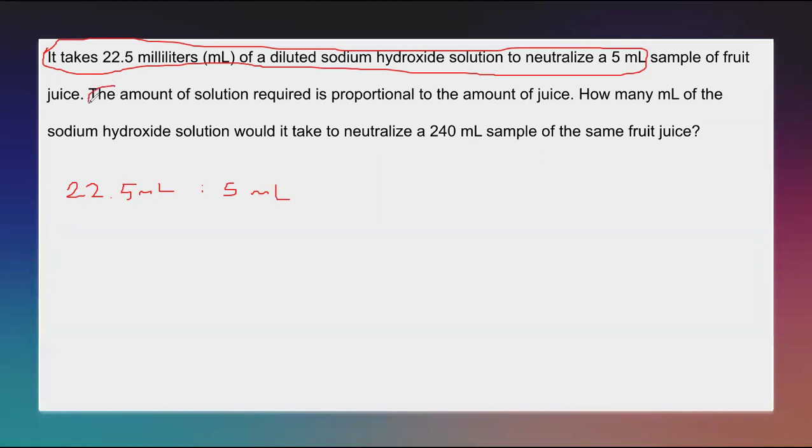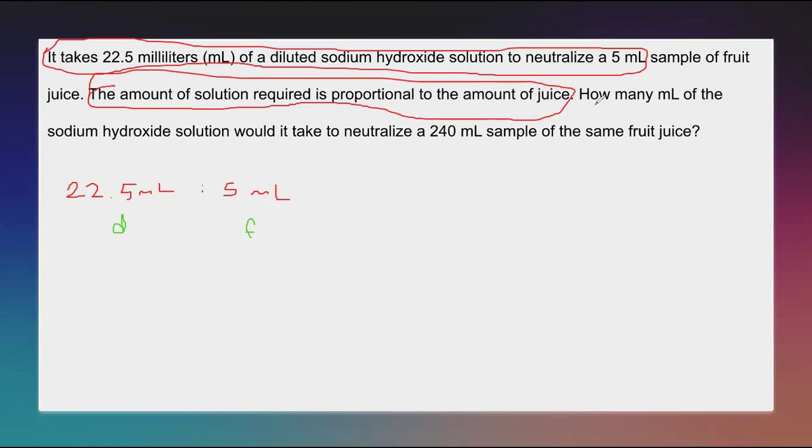If you look here, it says the amount of solution required is proportional to the amount of juice. So what we did is we went ahead and wrote that proportion. And I'll just go ahead and label these. We've got our diluted solution on the left. I'll just label that D for diluted, and our fruit juice on the right. So I'll label that F for fruit juice.